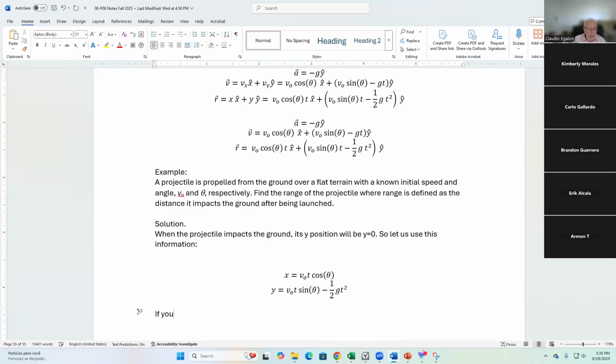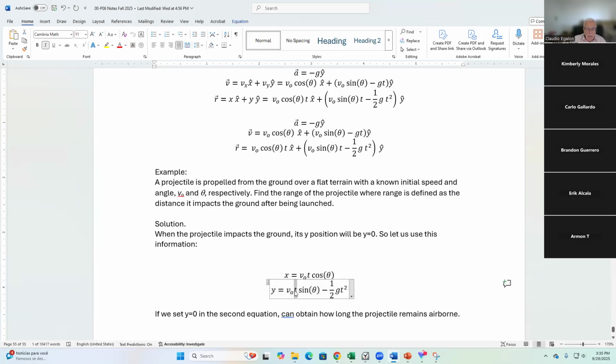If we set y equal to 0 in the second equation, we can obtain how long the projectile remains airborne, right? That's what we can do. Once we determine how long the projectile remains airborne, we can substitute this result right in here to find out the range, okay?